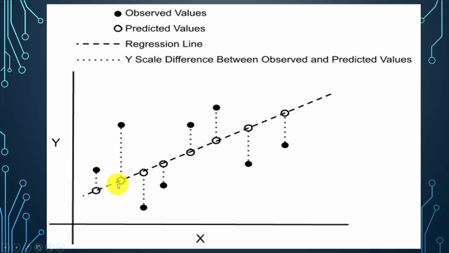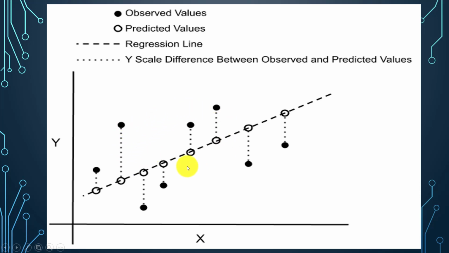On the y-axis, it gives the difference between observed and predicted value. Now we have to find the errors. This is the predicted value and this is the observed value. The distance between the observed value and predicted value gives the error.